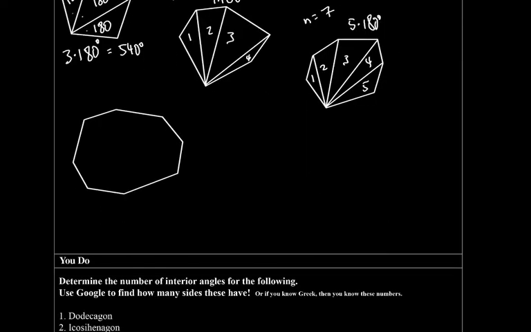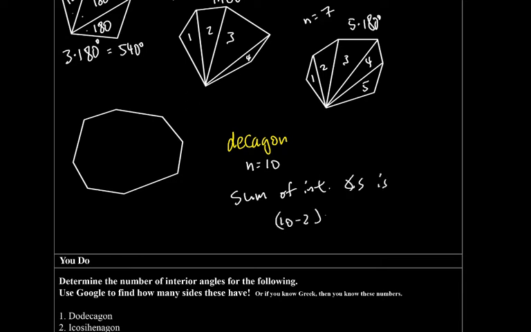So for example, if you had this thing, this is called a decagon. For a decagon, you can Google it. Look this up on Google. N equals 10. So the sum of interior angles is 10 minus 2 times 180.